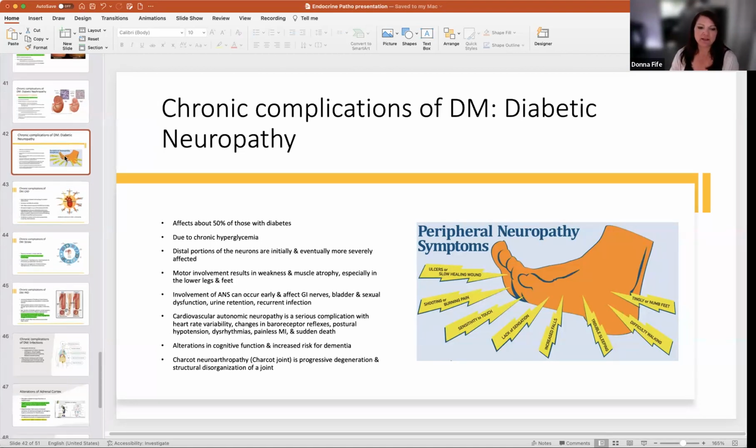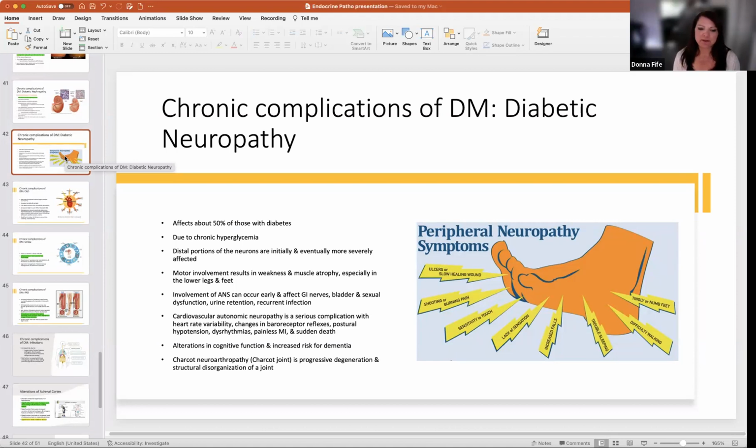Involvement of the ANS can occur early and affects GI nerves, with bladder and sexual dysfunction, urine retention, and recurrent infection. Cardiovascular autonomic neuropathy is a serious complication with heart rate variability, changes in baroreceptor reflexes, postural hypotension, dysrhythmias, painless MI, and sudden death.